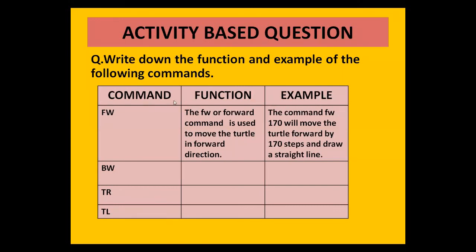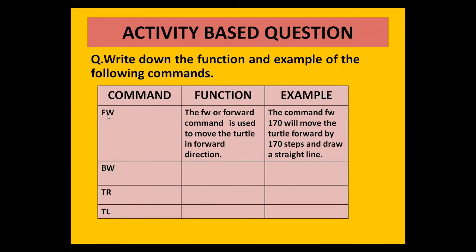So first you draw the table. You will draw 3 columns. First write the command, then write the function, and then write the example. There are different commands. You will write the function of these commands and you will also write the example of these commands. The first one I have done, and the remaining functions you will write.